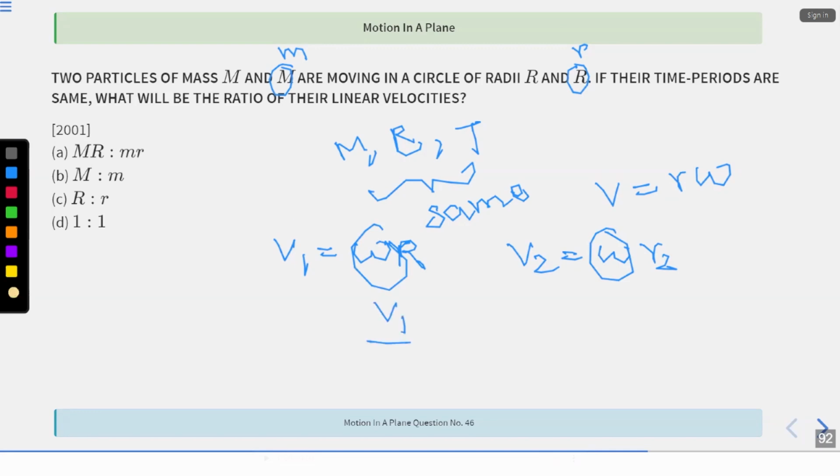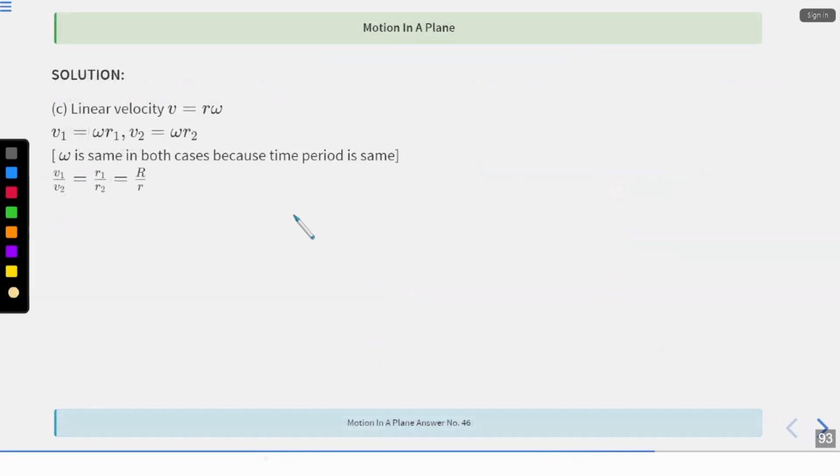Therefore V1 by V2 will be equal to R1 by R2, which is R by R. You have to observe that mass wouldn't play a role because we are just focusing on time periods and linear velocity. If there was force involved, then mass would have played a role, but it is not related. It was purely motion related. The concept here was circular motion.